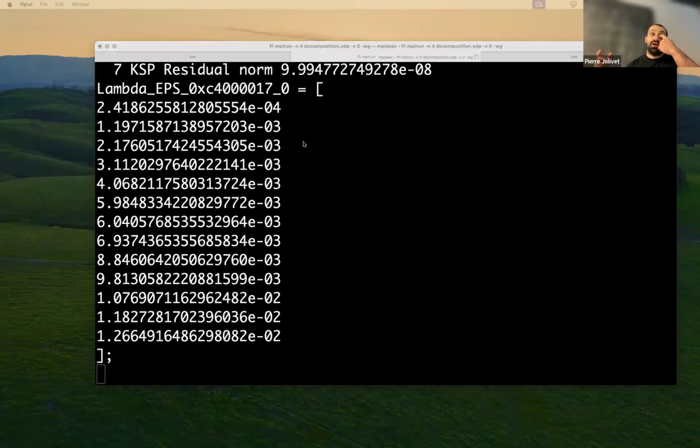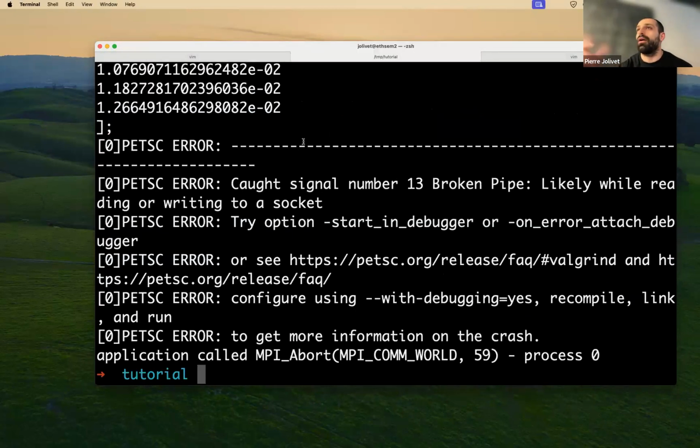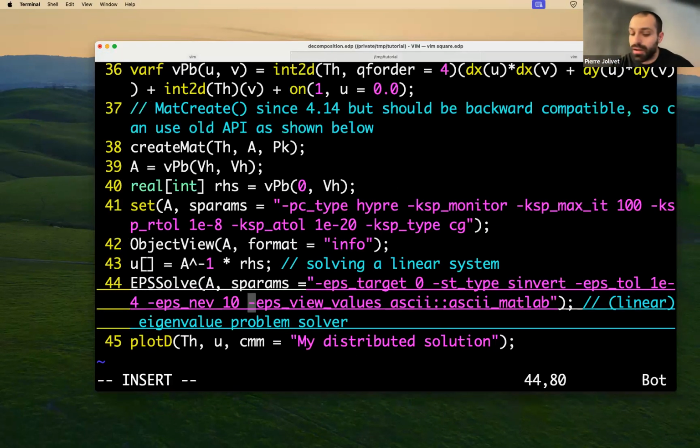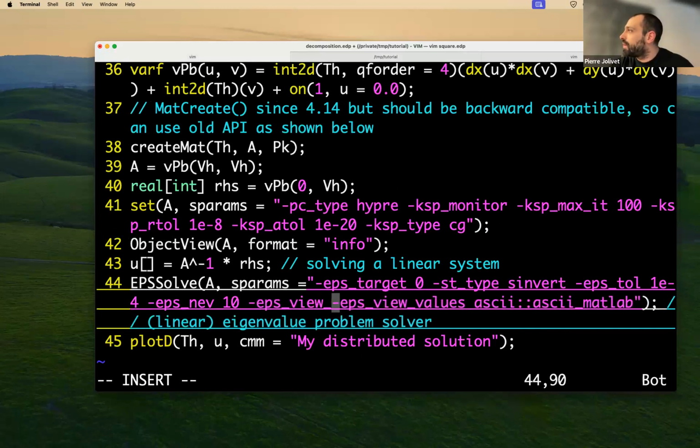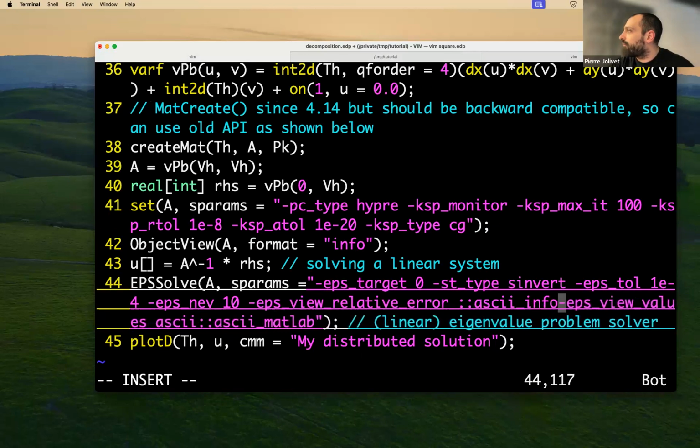Here we have 10 eigenvectors, and of course you can have SLEPc or PETSc compute a lot of statistics for you. For example, you can look at the error with respect to the computation of the eigenvalues using the parameter EPS view relative error ASCII info detail.